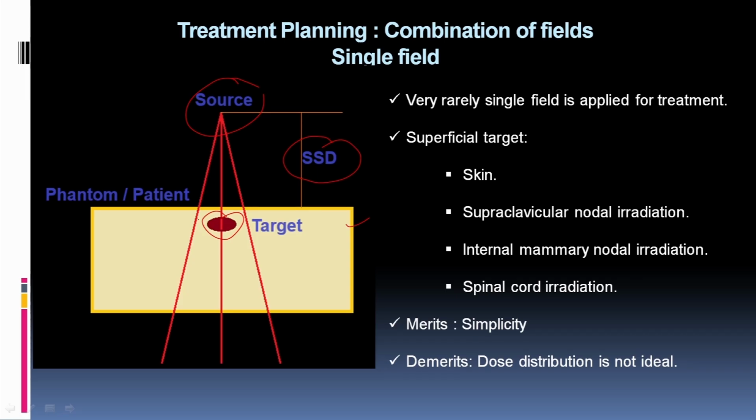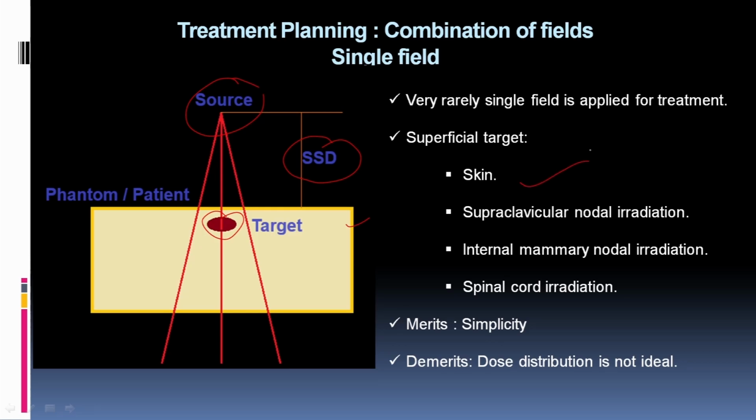This is a very rare situation where we use the single field, because it is not able to produce a good dose distribution, but we can still use single field treatment for superficial targets, such as we can treat the skin.